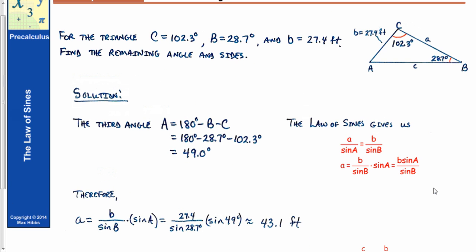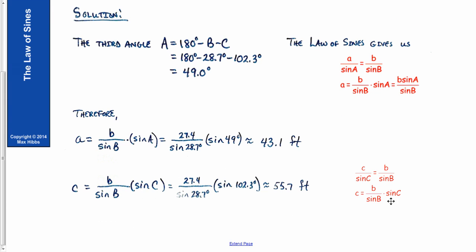We know angle C. And so if I want to find side C, I would use this relationship. And then I could take this and solve for side C by multiplying both sides by the sine of angle C. And so then I would just fill in the pieces. So that's what I've done here. Okay, I know side B is 27.4.